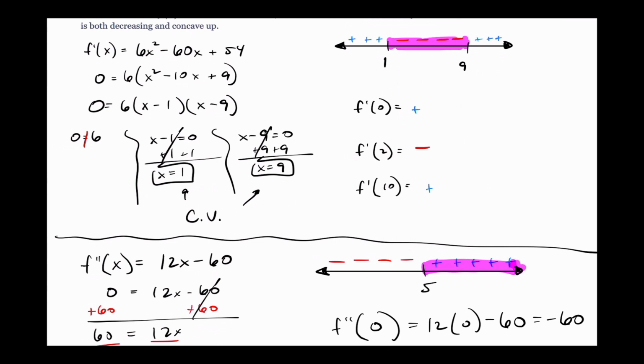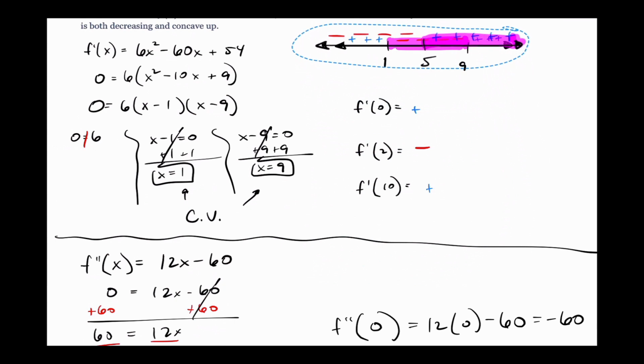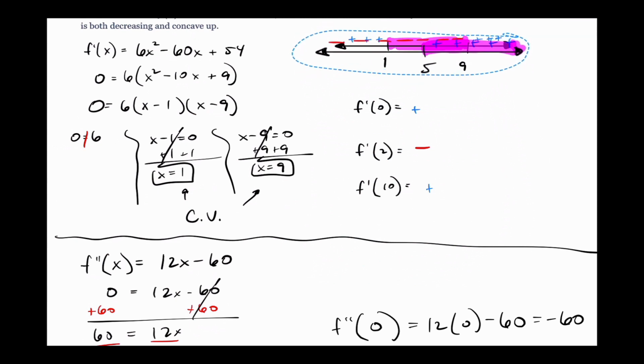Where do they overlap? Where does the bottom number line overlap with the top number line? So if I was to do this, 5 goes right in the middle here. Where are they double shaded? From 5 to 9. That's my answer.